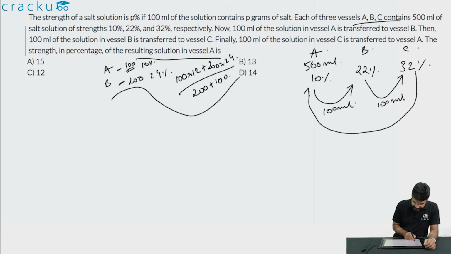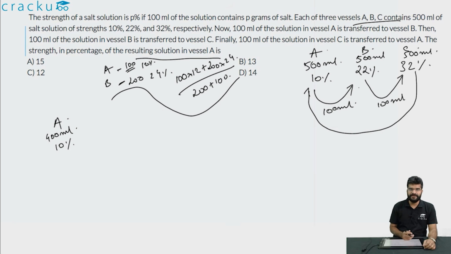So initially it was 500 ml each of the three solutions and the strengths are given. After the first 100 ml are shifted from A to B, A will have 400 ml and the resultant solution strength will be 10% because nothing is added to A. You just removed 100 ml from A, so the volume will decrease but the strength will not be altered.